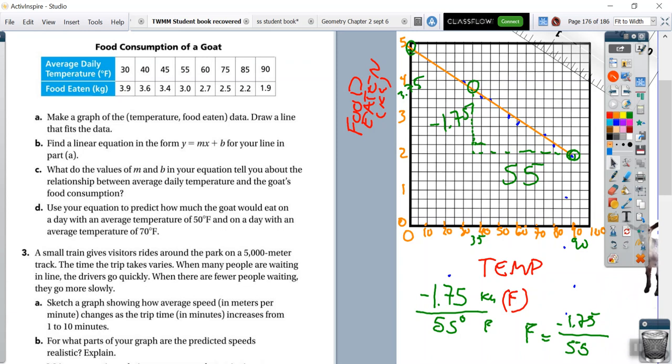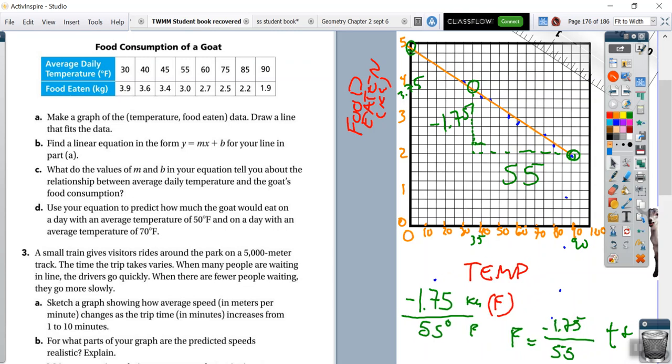I need to move the goat or else he might eat our equation. So I'm going to multiply that by temperature. And we need to add to it. I would say that's what? 4.9? 4.9.